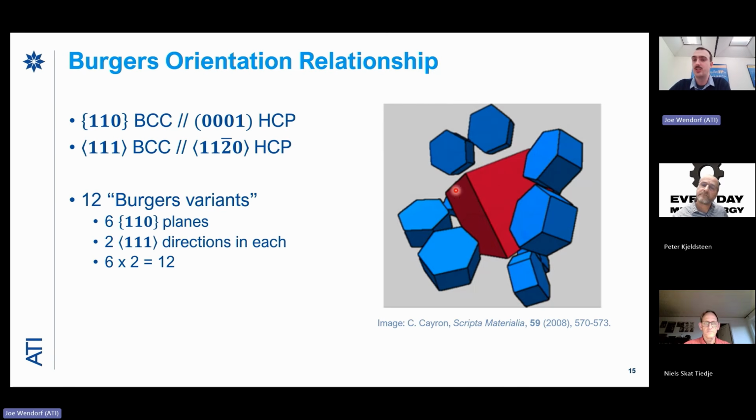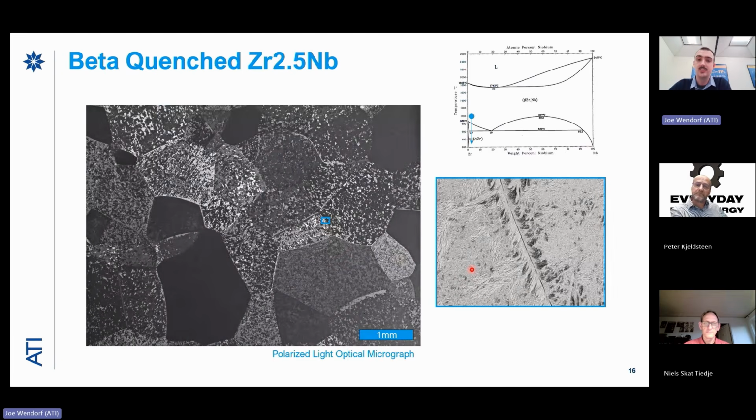So this diagram is showing a BCC unit cell, and then in blue are the 12 possible alpha variants. These are called the Burgers orientation relationship. And so that's what's going on in this microstructure: these are the high temperature beta grains. And then when we cool very quickly, we don't allow the alpha and beta phase to equilibrate like we did during the forging. The beta just turns directly to alpha.